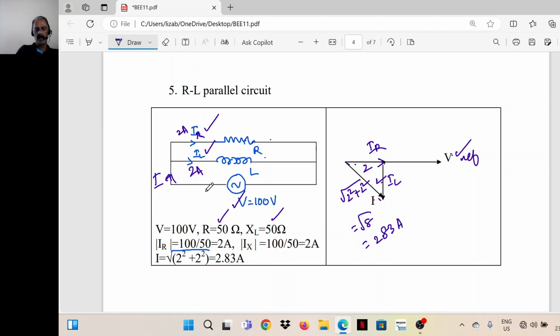So the total current supplied is 2.83 ampere. It is lagging behind the voltage. Here this angle is 45 degrees because this is 2, this is 2. So this angle is 45 degrees.